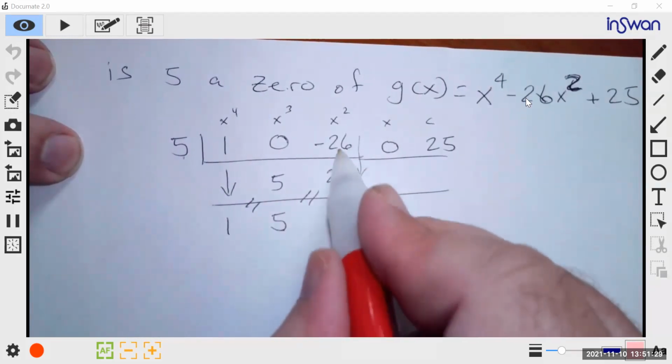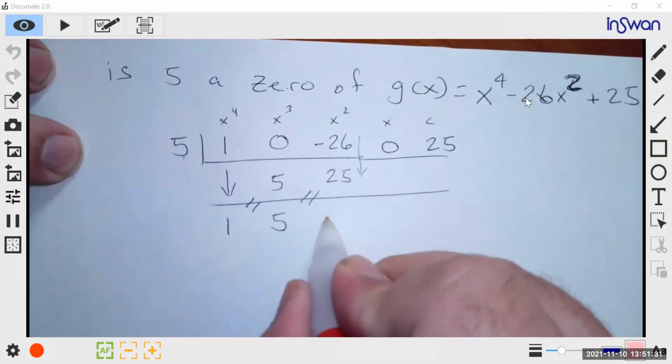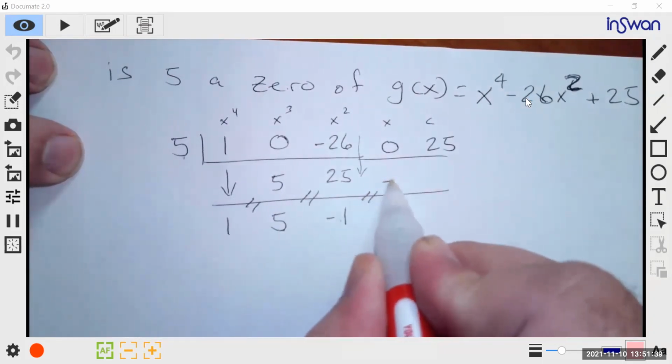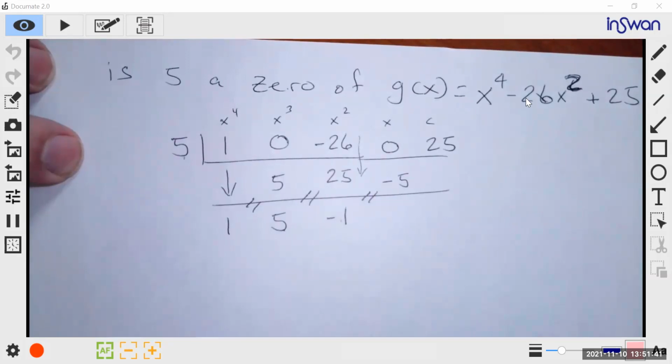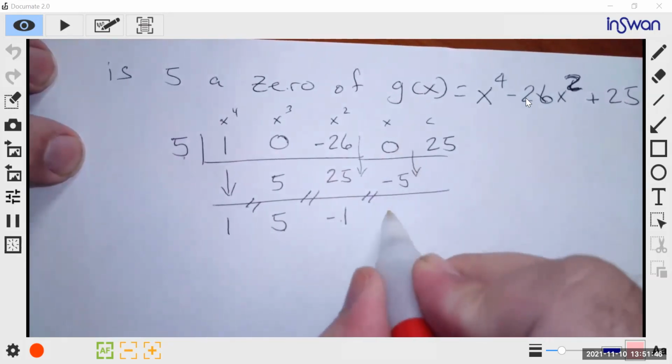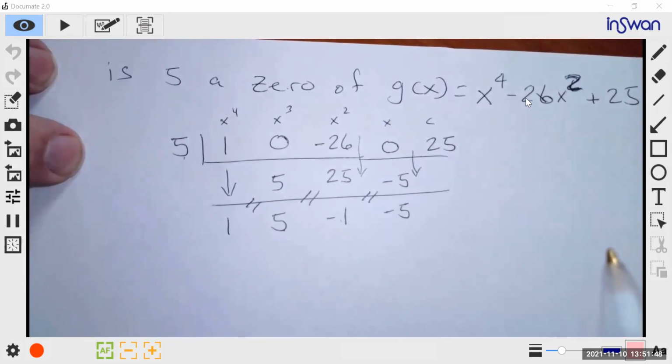Add these, 25, negative 26 plus 25 is negative 1. 5 times negative 1 is negative 5. Add these, 0 plus negative 5 is negative 5.